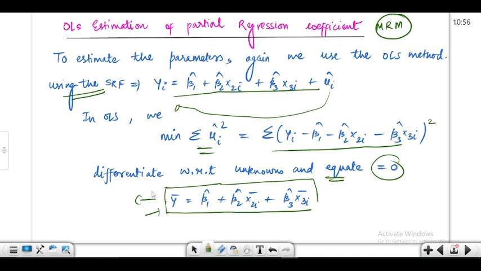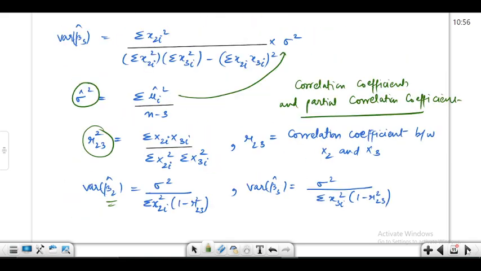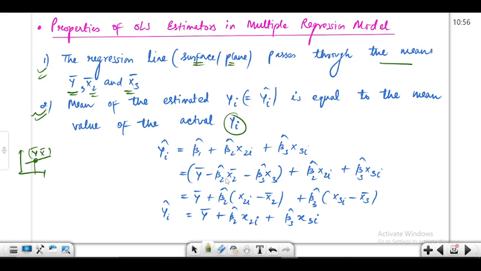If you replace using this equation in here, you will get something of this form. In place of beta 1 hat, you have y bar minus beta 2 hat x2 bar minus beta 3 hat x3 bar, plus beta 2 hat x2i plus beta 3 hat x3i. If I open this up, this is what I'll get. This is basically my deviation from the mean, so this is equal to small x2 and this is equal to small x3. So yi hat is equal to y bar plus beta 2 hat small x2 plus beta 3 hat small x3.